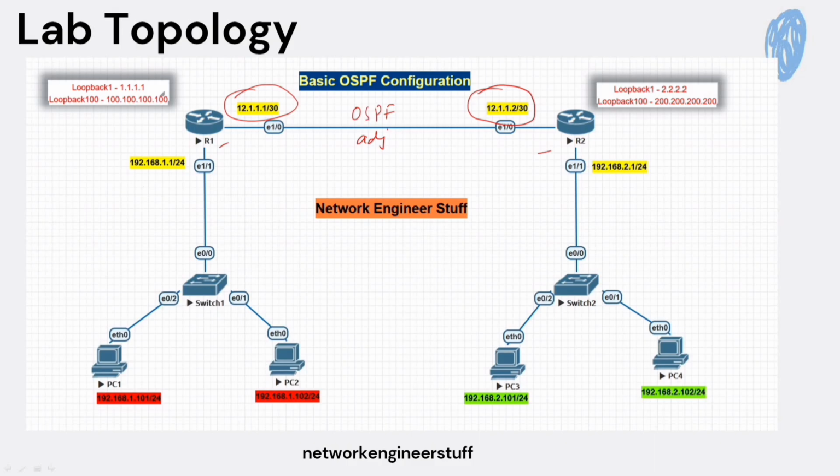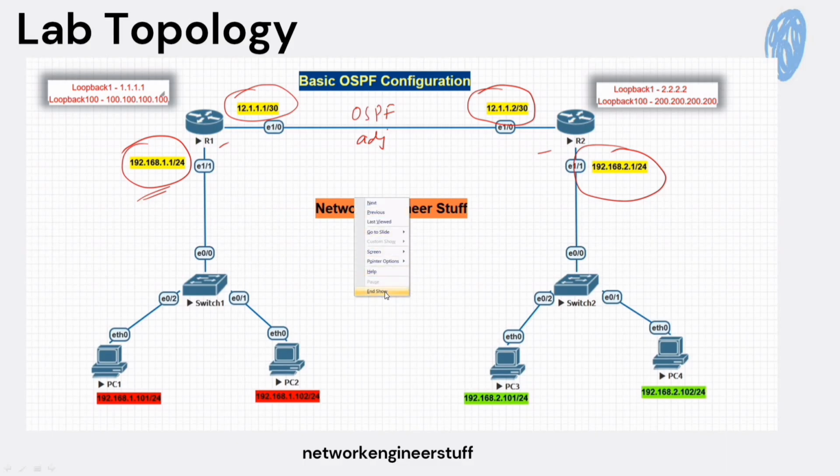Later on we will advertise the LAN pools of R1 and R2. So we'll advertise 12.1.1.1/30 and 12.1.1.2/30 in our OSPF. So guys, let's start doing it.